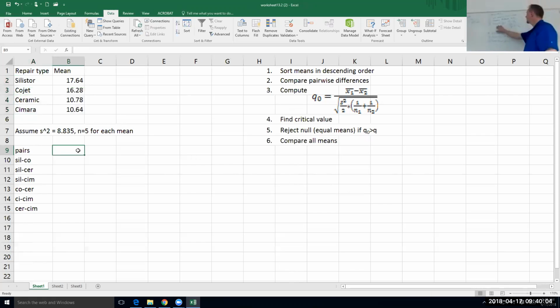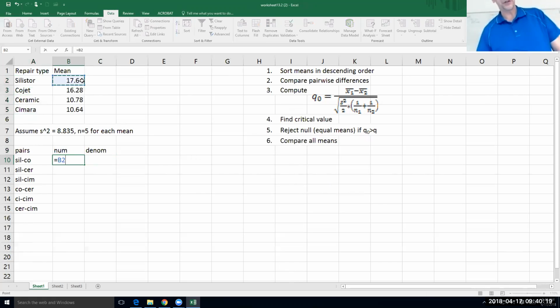Now we're going to step 3. Now it's probably going to be easier to do the numerator and do the denominator. Okay? So in this case, we're going to do the numerator, and just like I've written the pair, we're going to do the Sillistor minus the cojet. We're going to do the Sillistor minus the ceramic.